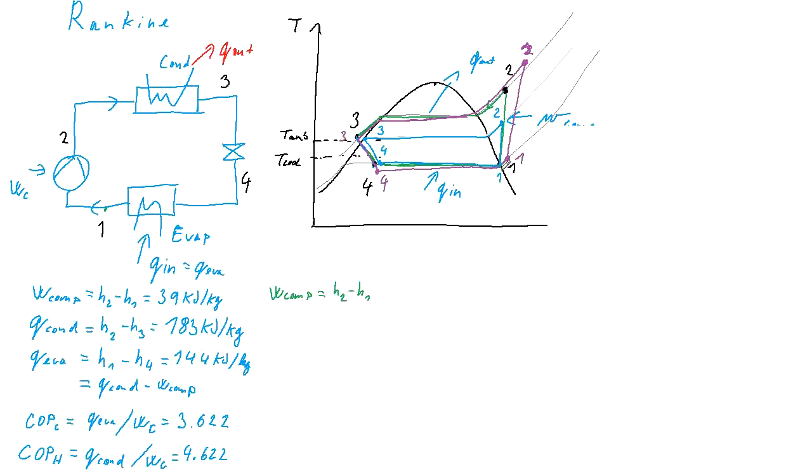H1 was the same, but H2 for the green case was slightly higher due to the higher pressure. So instead of 424, it was 429. So also the work of the compressor is higher, and it will be 44 kilojoules per kilogram.